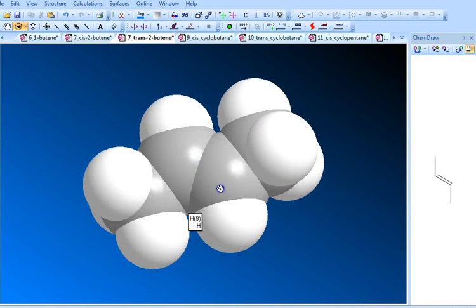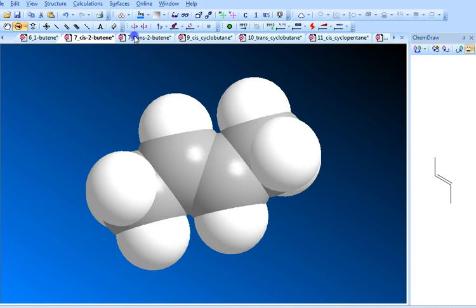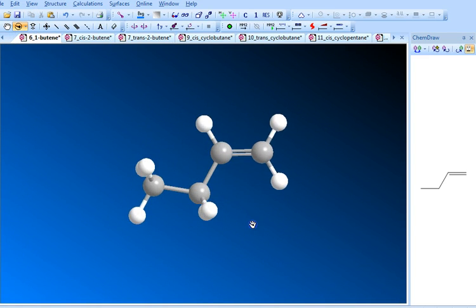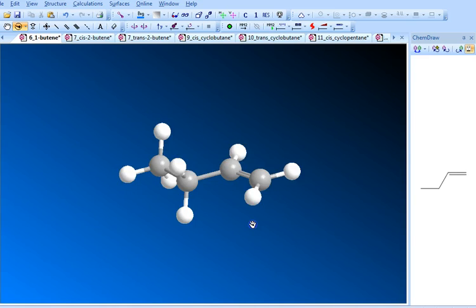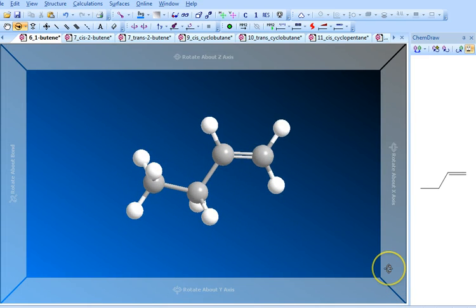Okay, so this is the cis conformation, this is the trans conformation. All right, so this is about geometrical isomerism, and let's go to 1-butene now. The question is again, can it exhibit cis-trans isomerism? You need two groups of different priority.